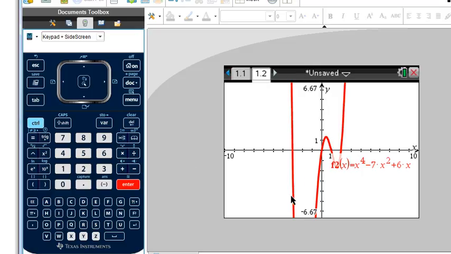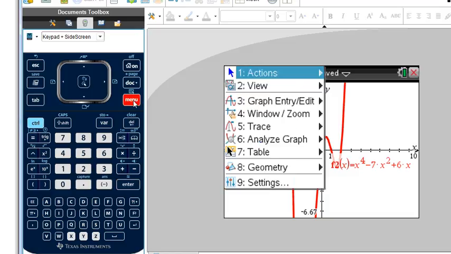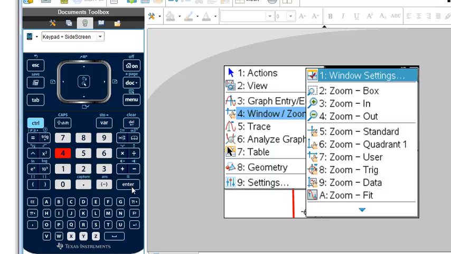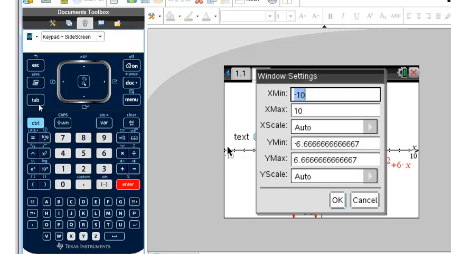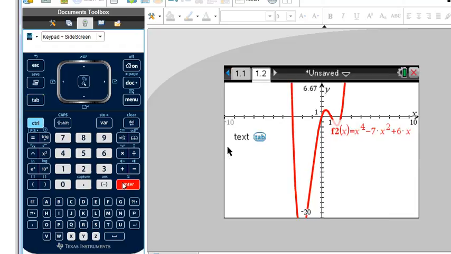We got one down below here. We cannot see it. I'm going to adjust the window just so we can see that one. Window settings. I think if we go down to negative 20, y minimum negative 25, we should be able to see that. I hope we see it there. Okay. Almost.